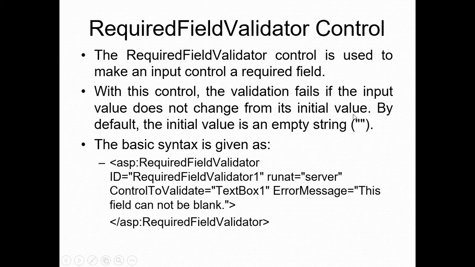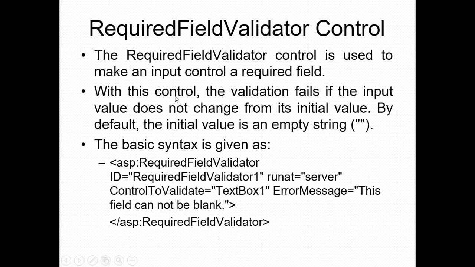By default the initial value is the empty string, and if you do not change it, meaning you do not write a single character in the text box, then it will generate the error message.